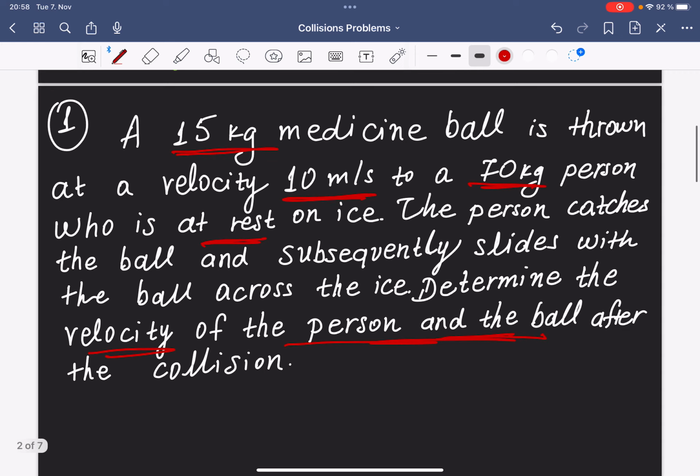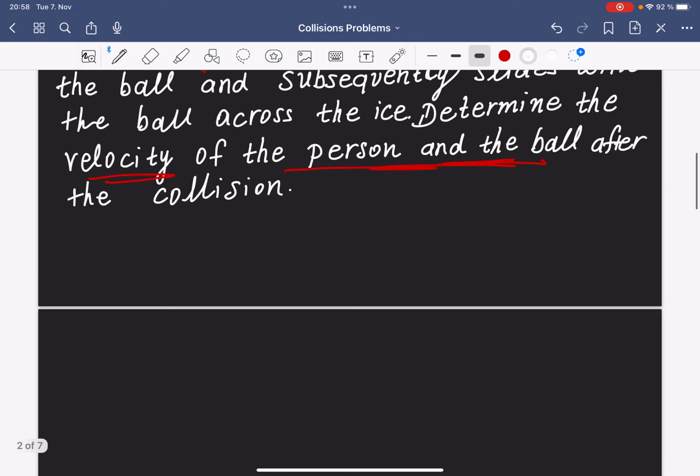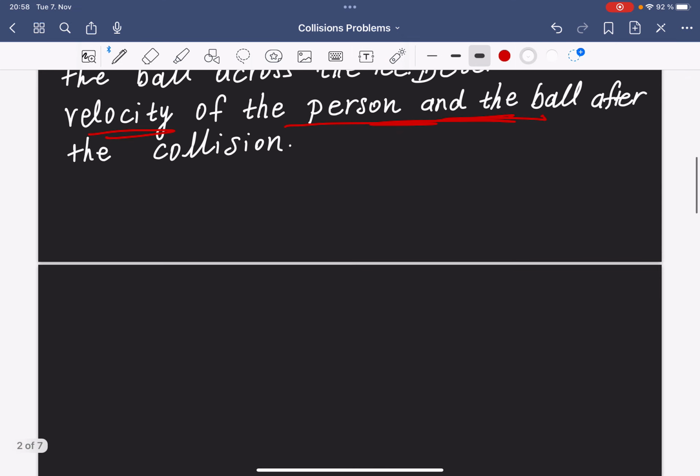Interesting. So, let's write down all the information that we have.